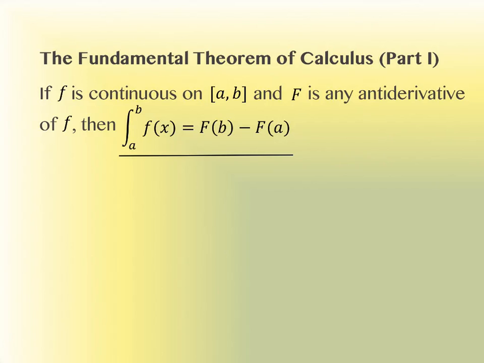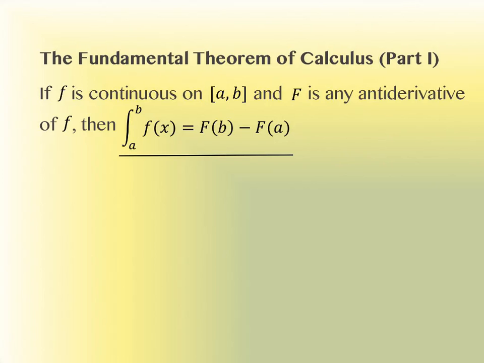You can take the antiderivative, which you guys have been practicing for your basic skills quiz, and evaluate it at the higher value, the upper limit, and then subtract evaluating it at the lower value. And that's it. It's the calculus stuff from 4.1 combined with a little bit of evaluation algebra. That finds for you the exact value instead of an approximation using rectangles.